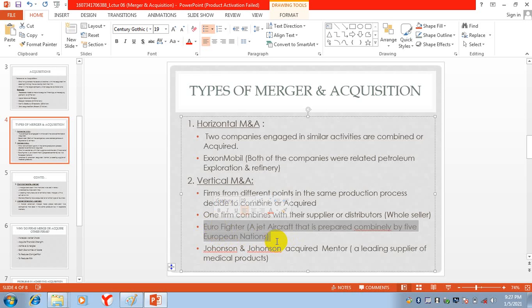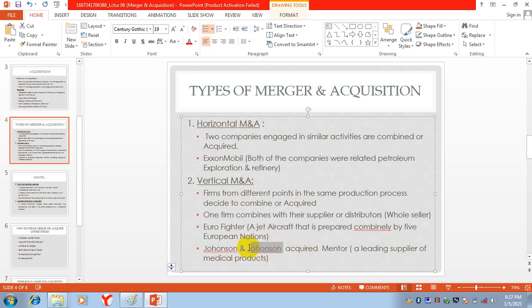One is providing one part, the other is providing the other part. One is providing the raw material, the other is making the parts, the other is assembling the next one. He is distributing this. So in this way, Johnson & Johnson acquired Mentor.